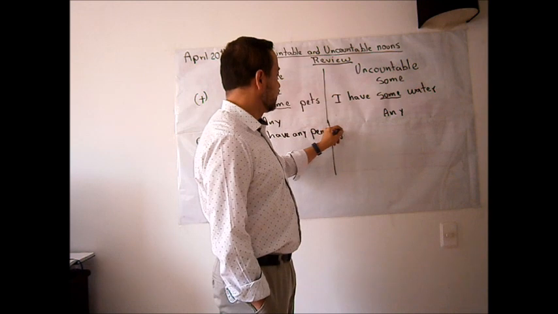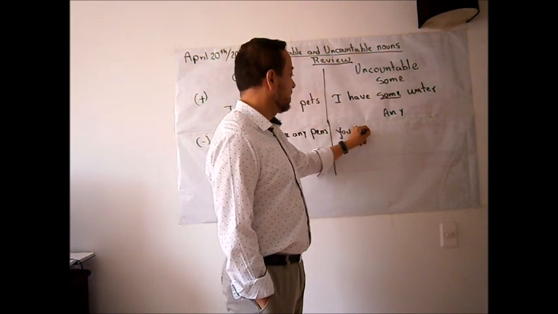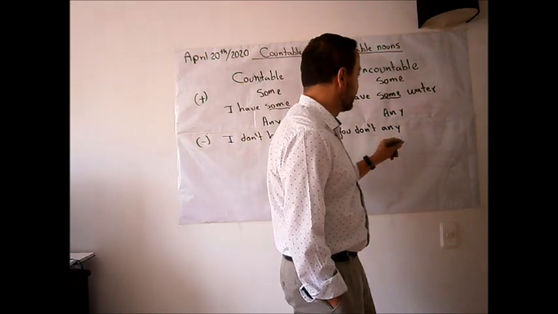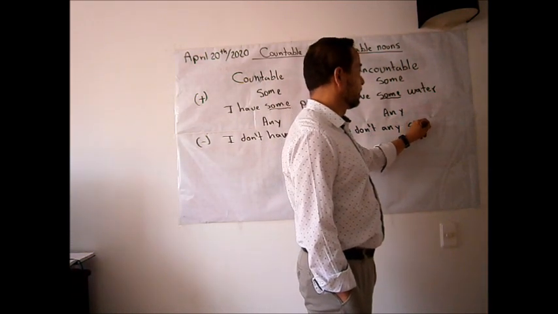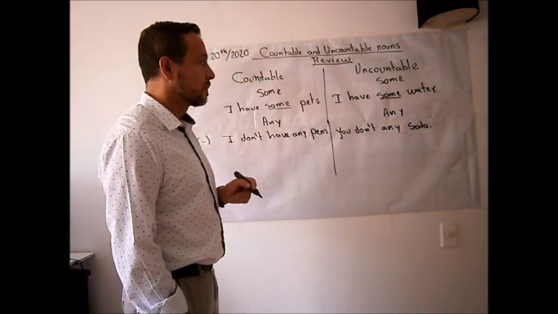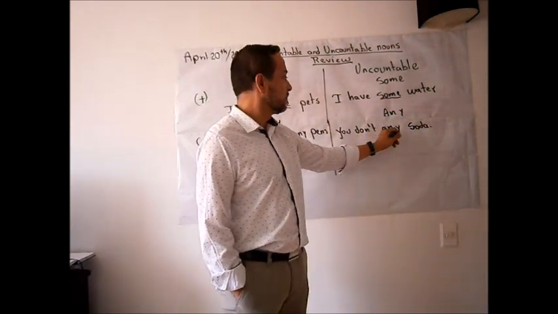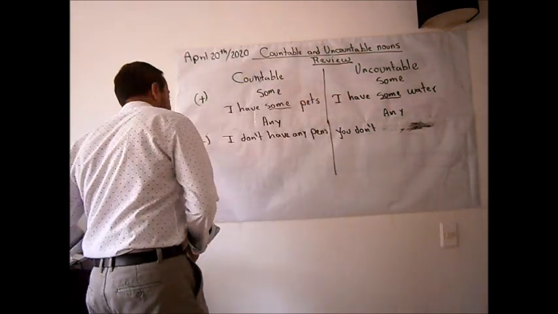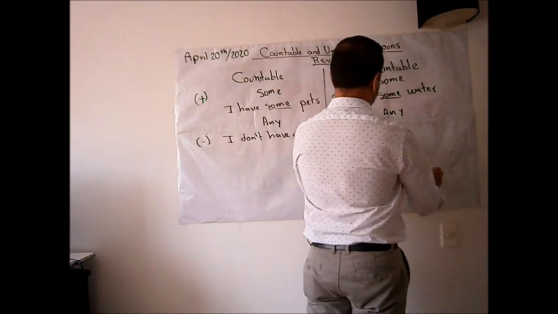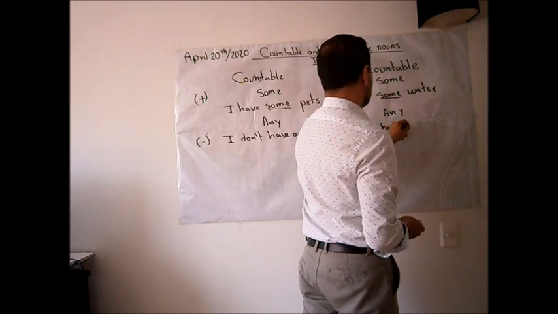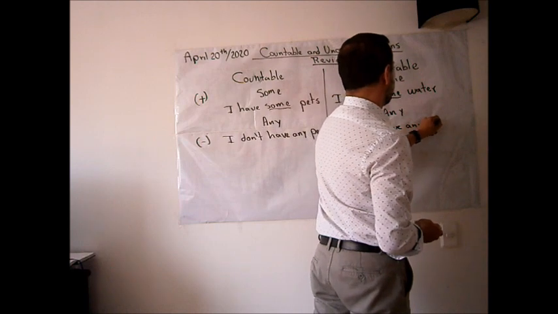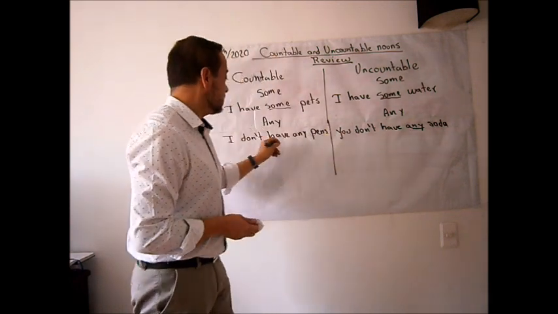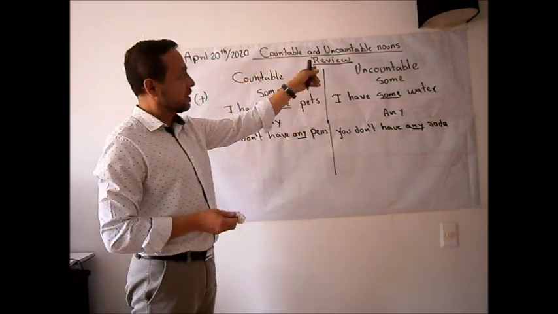Or you don't have any soda. Okay? Any soda. So sorry, you don't have... wait a moment. You don't have any soda. Okay? Any is used in negative sentences in both cases.